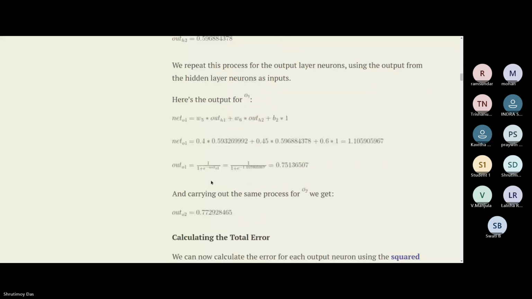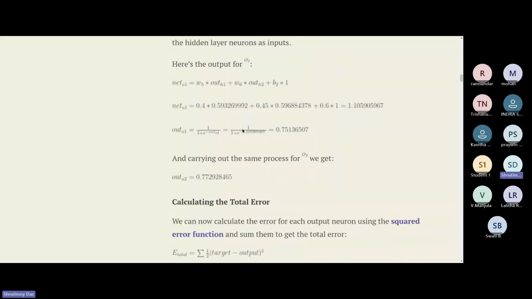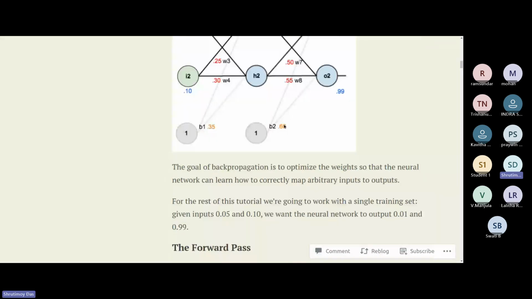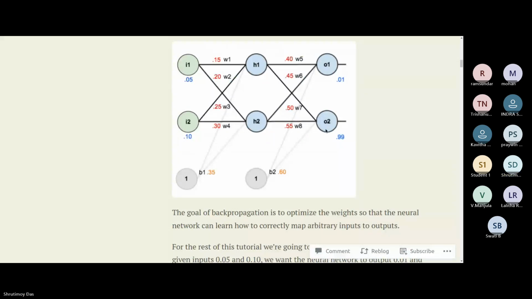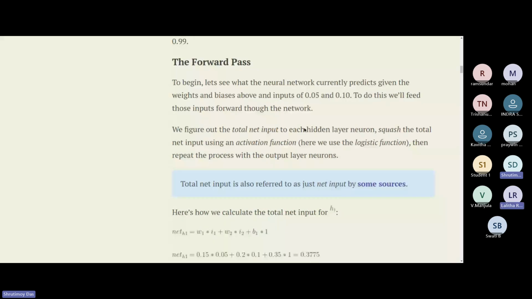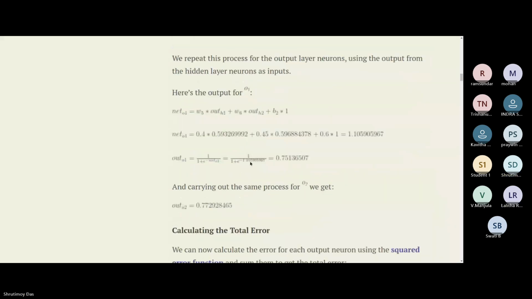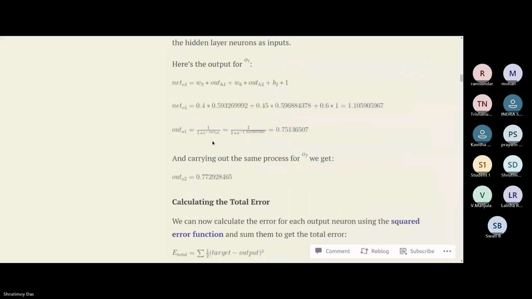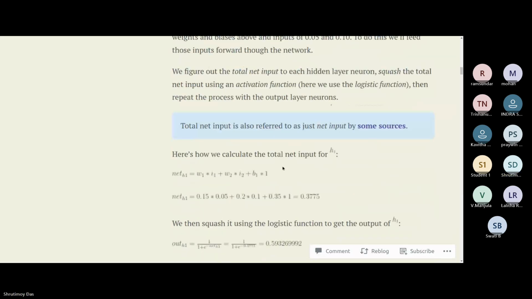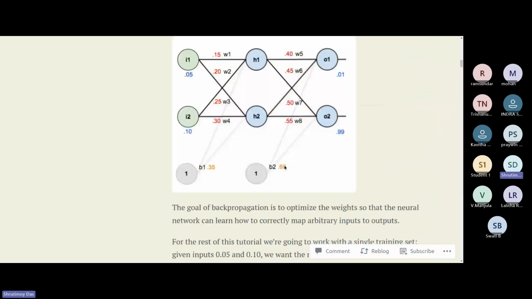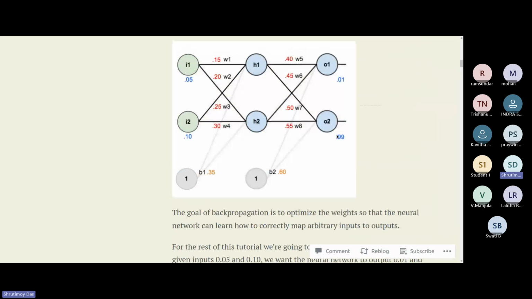Similarly, you do this for O2. So at out O1 you are getting 0.75, and at O2 you are getting 0.77, but your ground truth was 0.01 and 0.99.